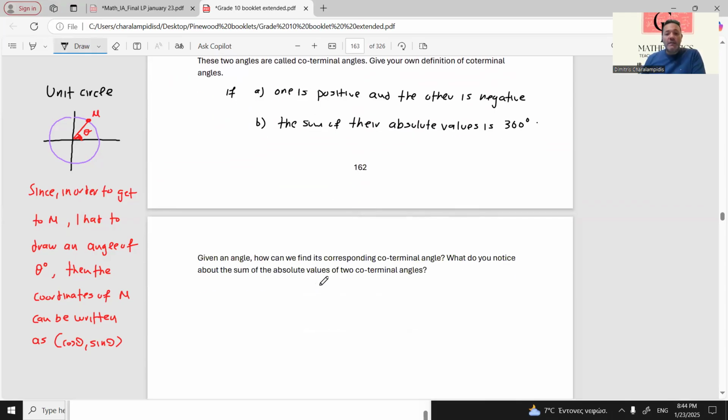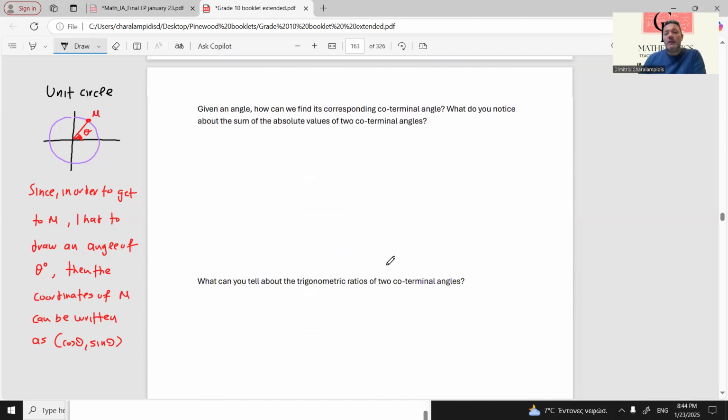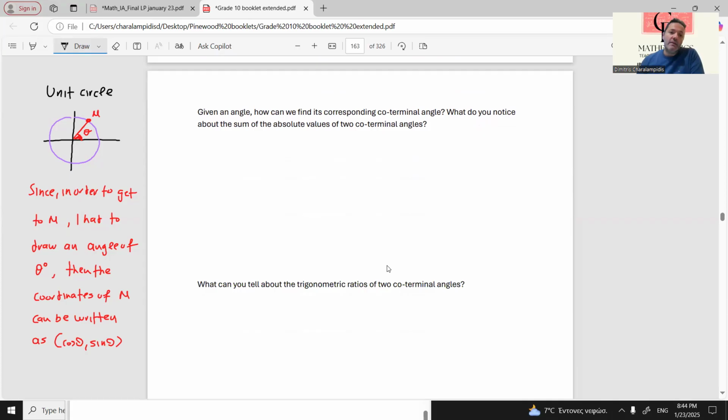How can we find, therefore, given an angle, its corresponding coterminal angle? Well, simply take its absolute value and subtract it from 360.